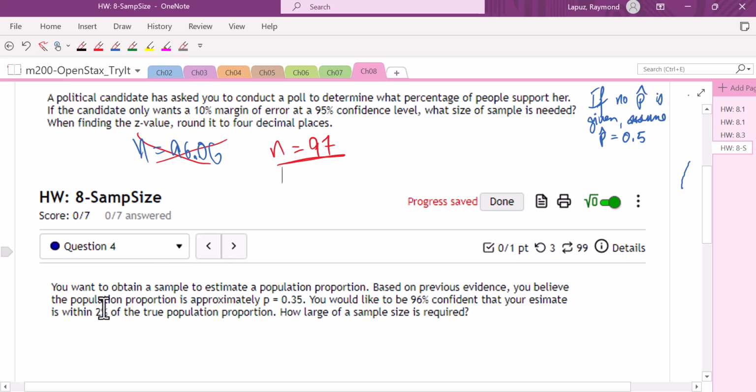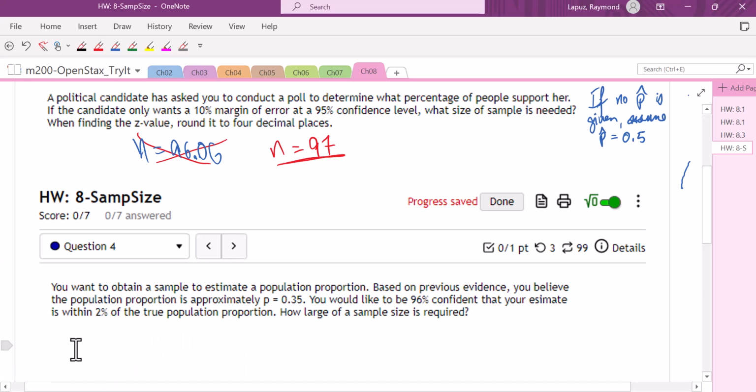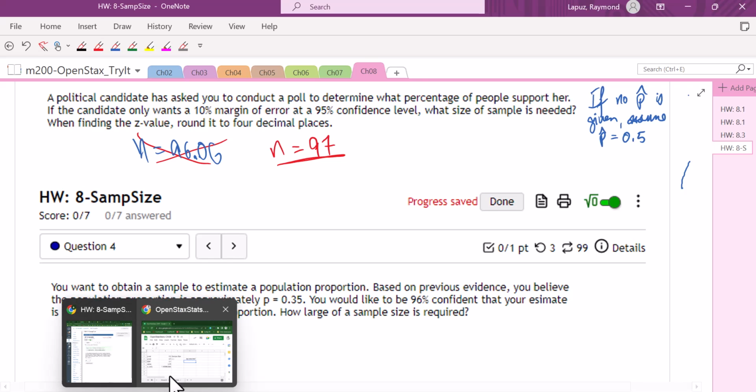Now, I'm looking ahead, and it says within 2% of the true population proportion versus 10% of margin of error. So they want a small margin of error, so they want to be more precise with their approximation. So I have a feeling that this is going to be a larger sample size. But we'll have our Google Sheets work that out for us.